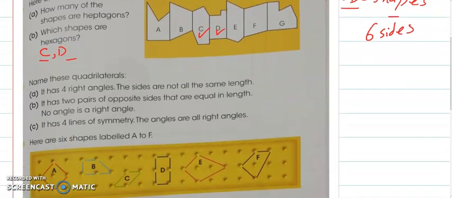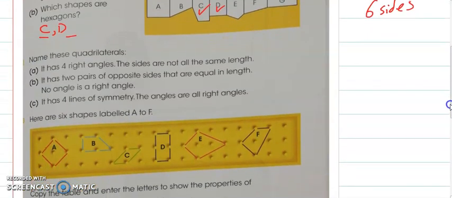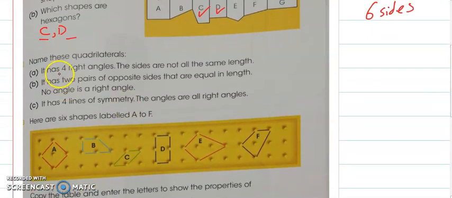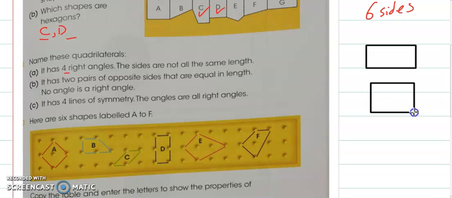The next question is, name these quadrilaterals. It has 4 right angles. The sides are not all the same length. Four right angles can be in either a rectangle or a square. But the square has all 4 sides equal.